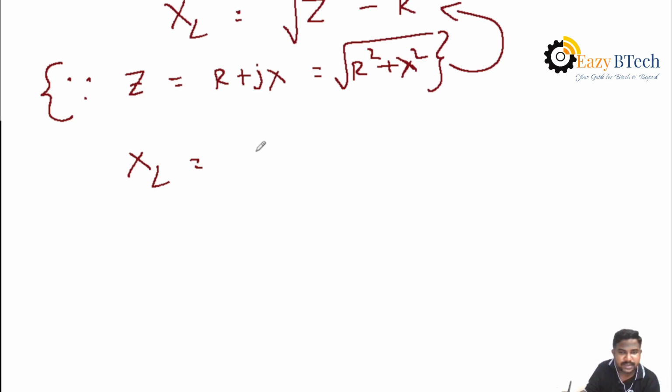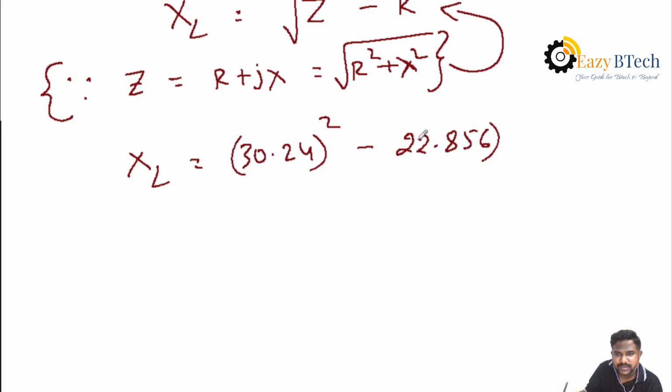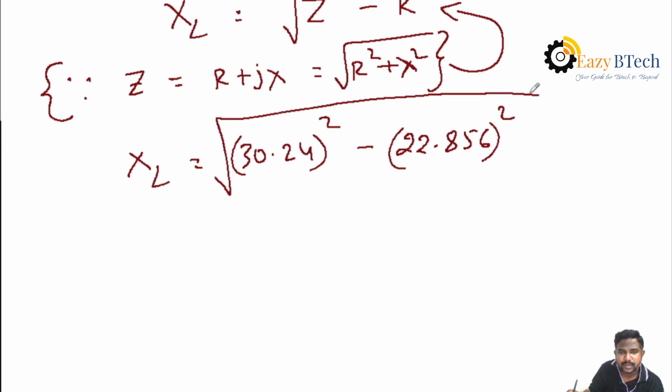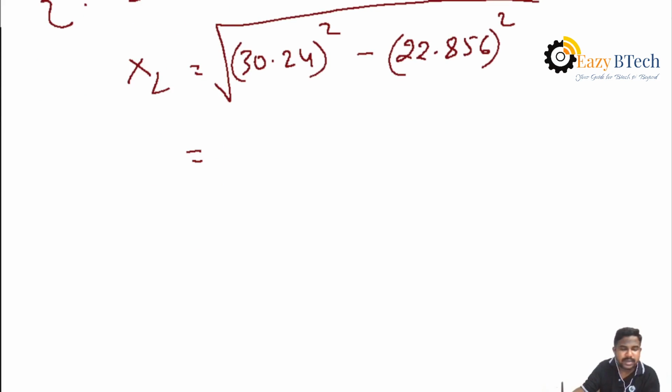The value of Z is 30.24 whole square minus the value of R, 22.856 whole square. Then the required XL value is 19.796 ohms. So this is the inductive reactance.